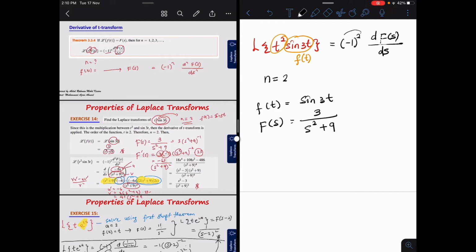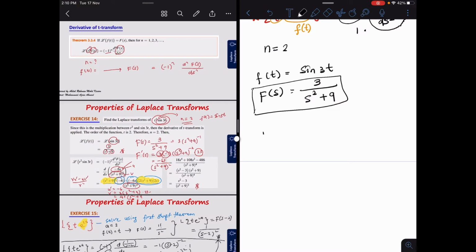So this one we can find, then we can get 1. But for this one, please remember we have the n over here. So we have 2 over here, which means that we need to differentiate this function twice.